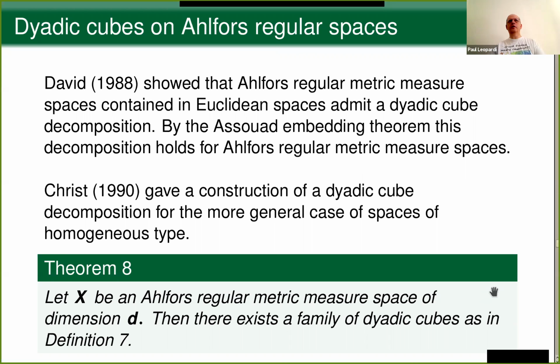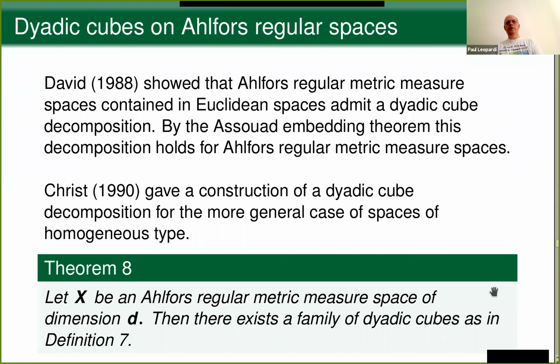We then use the Swart embedding theorem to say that this decomposition holds for Alford's regular metric measure spaces. And Chris then gives a construction of the dyadic cube decomposition for a more general case. We only need the Alford's regular metric measure space for this theorem.